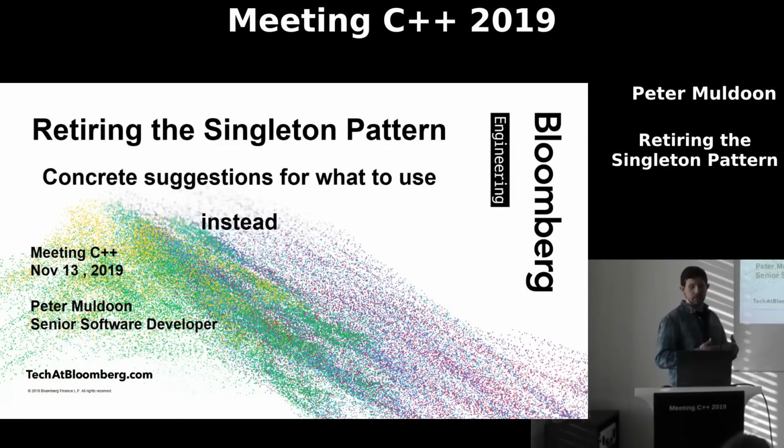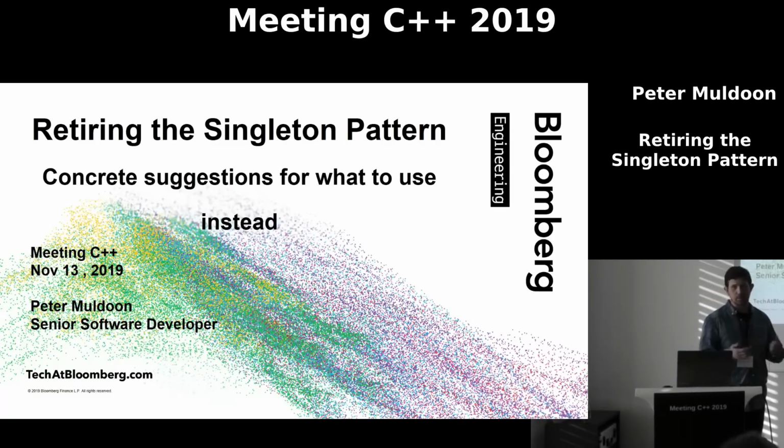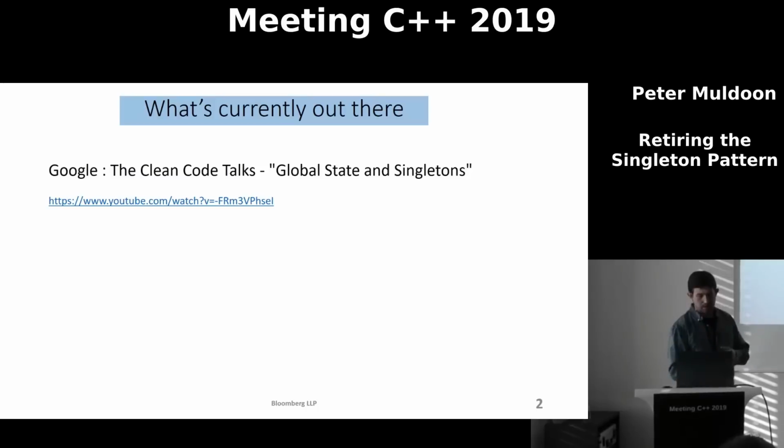But once I took this on, I went out and said, this should be a solved problem. There should be plenty of solutions out there. And I came across one of the Google talks, which was about what's bad about singletons. And it was a pretty good talk at showing the hidden action that happens behind the scenes.